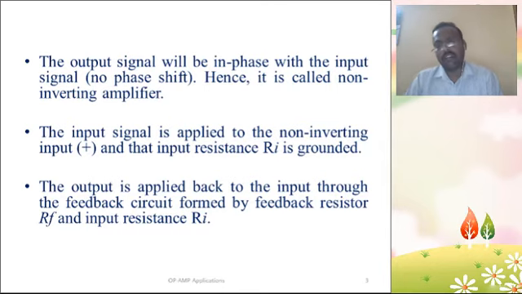The Ri is also connected with the inverting input terminal. Further, the output is applied back to the input through feedback circuit formed by feedback resistor Rf and input resistance Ri.